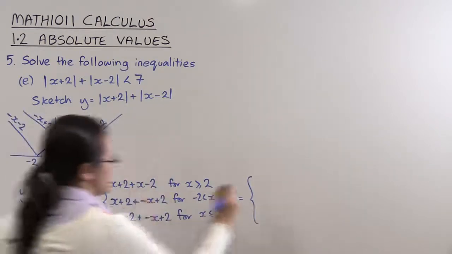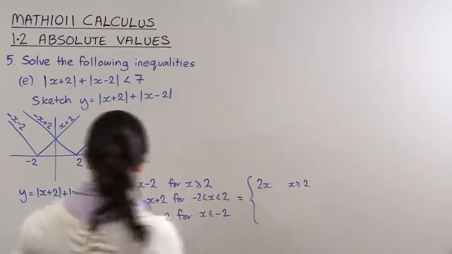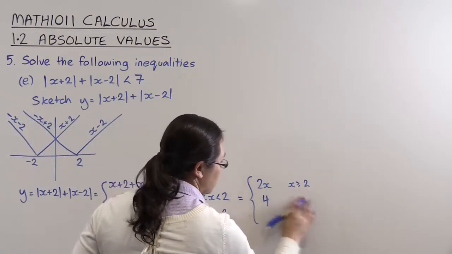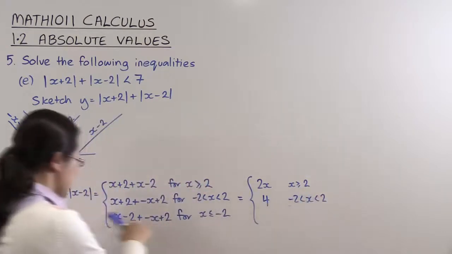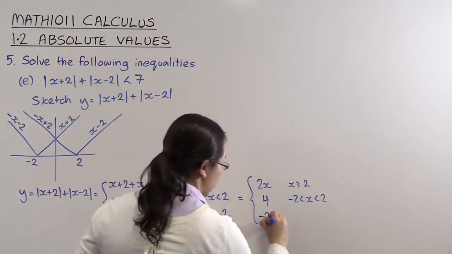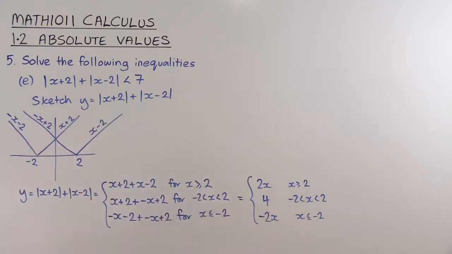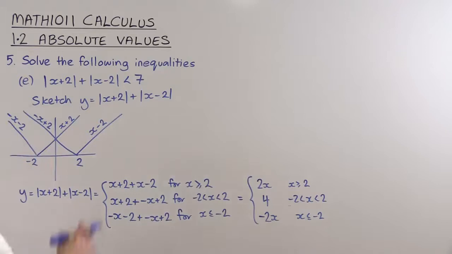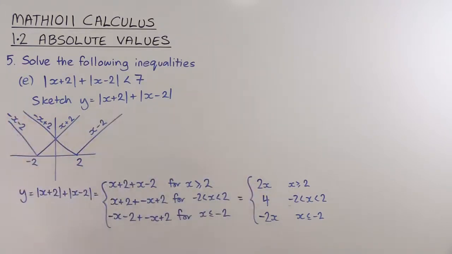So this is 2x when x is greater or equal to 2. This simplifies to 4 for x between minus 2 and 2. And this simplifies to minus 2x for x less than or equal to minus 2. So we've got to graph this piecewise function, but it's got 3 pieces here. Okay, so this is kind of our rough working just to work out how to sketch this graph.